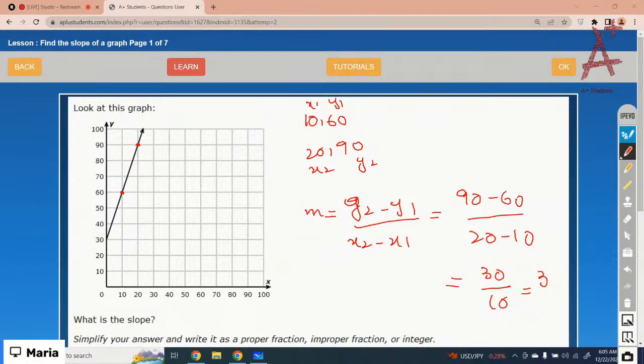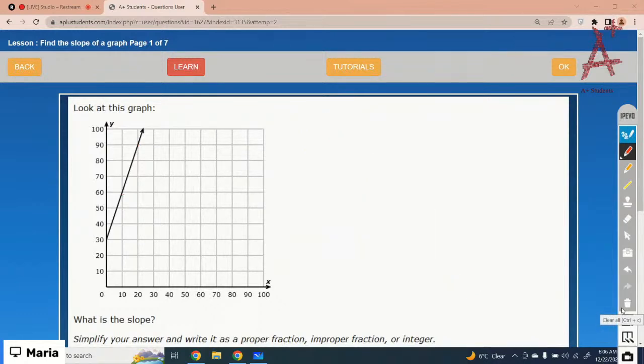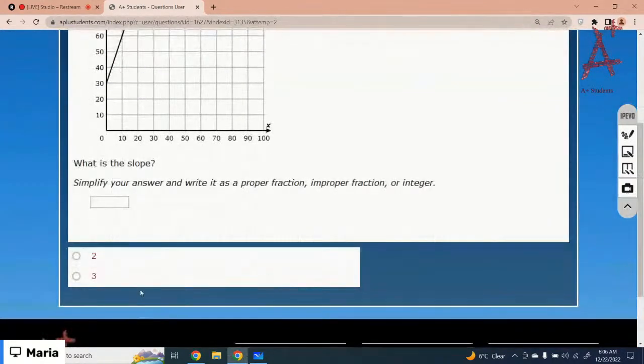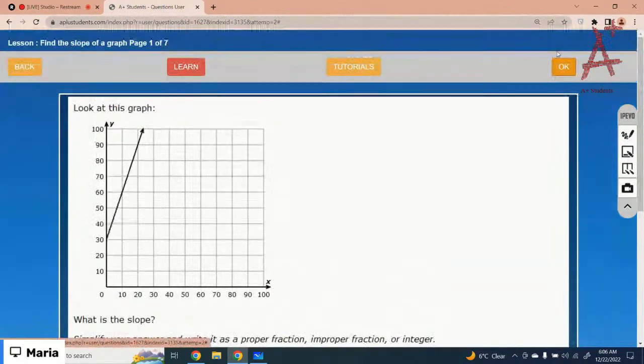Got it, everyone? So just select the correct option, then click on the OK button. Got it? The correct option is 3. Just select the correct option, then click on the OK button. Got it?